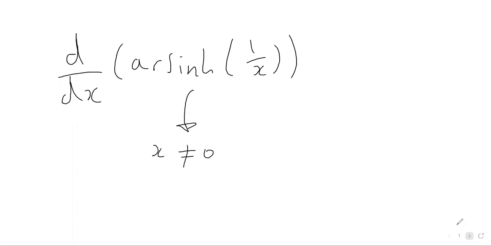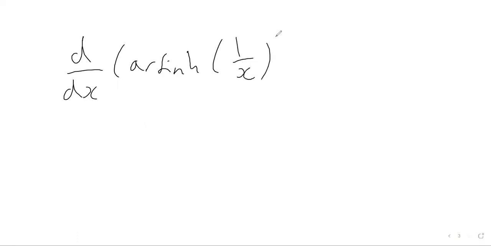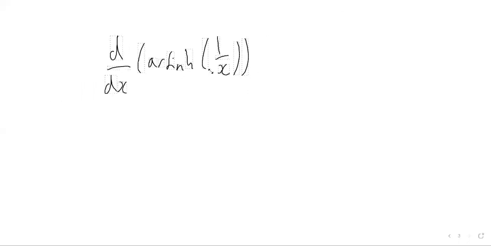So we're differentiating arsinh of 1 over x with respect to x. You'll probably notice that this is a chain rule problem. We're differentiating arsinh of a function of x, the reciprocal function.